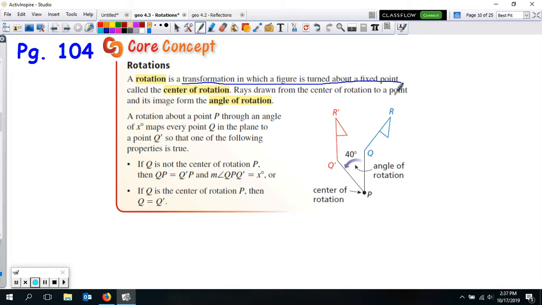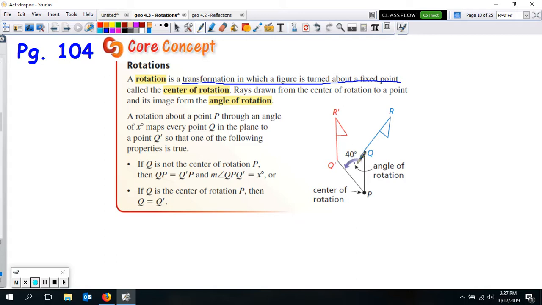So rays are drawn from the center of rotation to a point and its image, and they form the angle of rotation. So your angle of rotation right there, you can see it would be 40 degrees if that was it. Your P is your center of rotation, and so you can always rotate it about that amount.